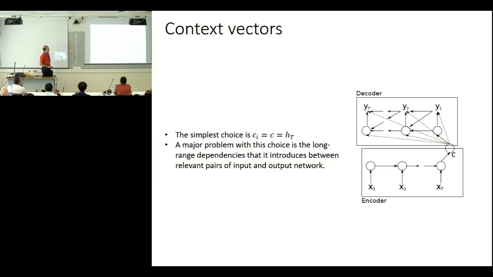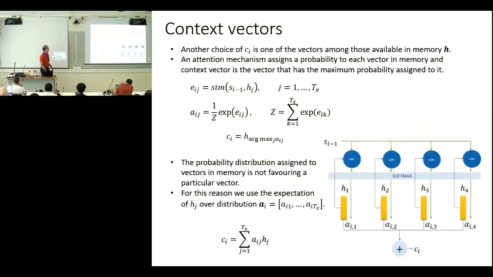With three states in the encoder and a sequence of 3 time steps in the decoder, this works perfectly. However, with longer sequences, such as the sequences that we have in speech, this construct is very poor for longer sequences.